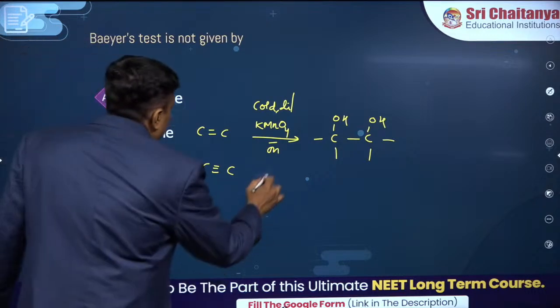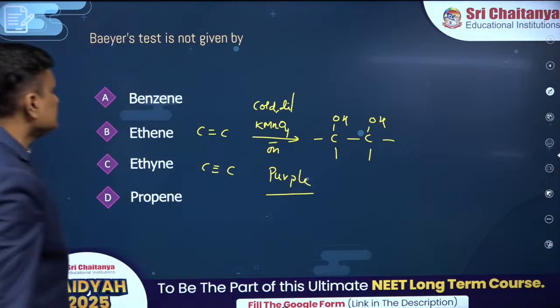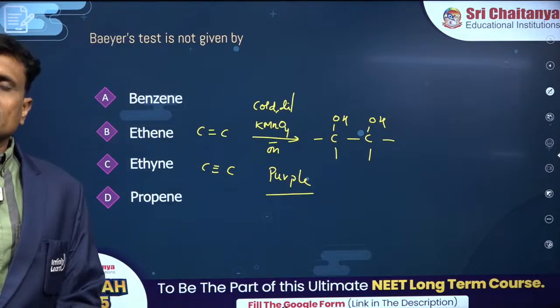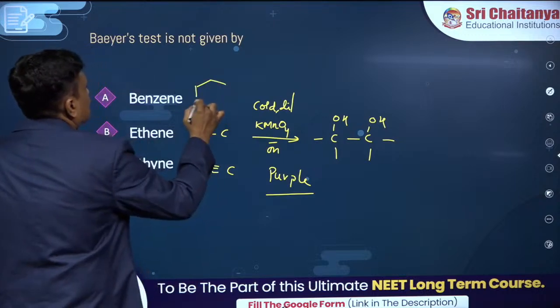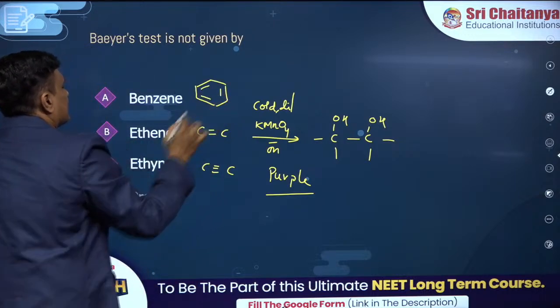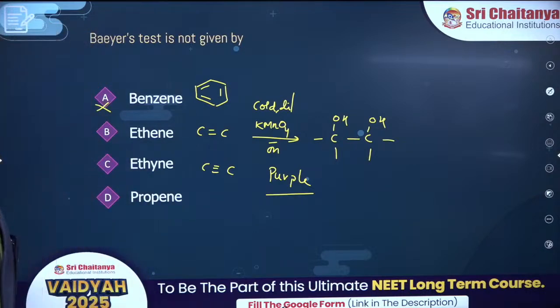So the purple color of this will disappear. So this is given by alkenes, alkynes, but not benzene, because benzene loses aromaticity, buddy, if it undergoes the addition reaction. So it's not given by benzene. So sometimes questions can be easy.